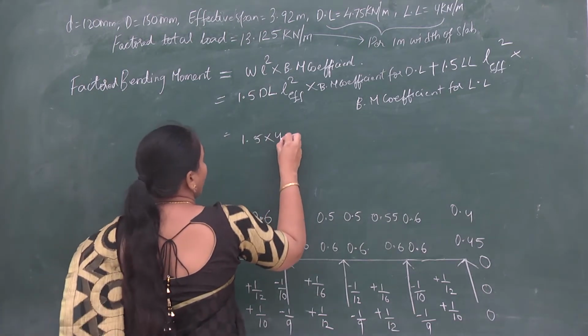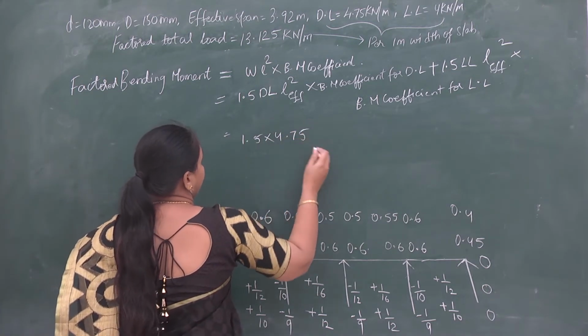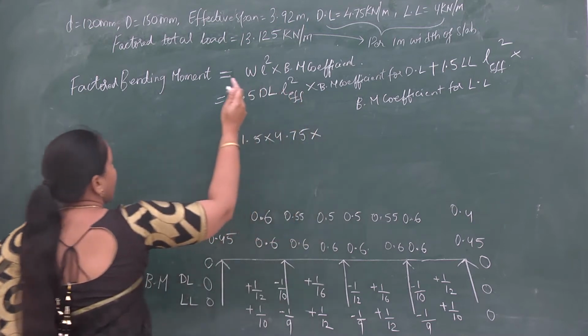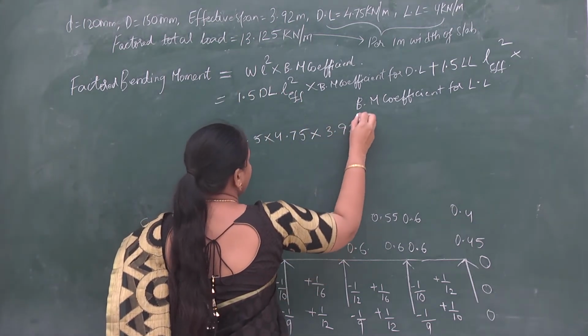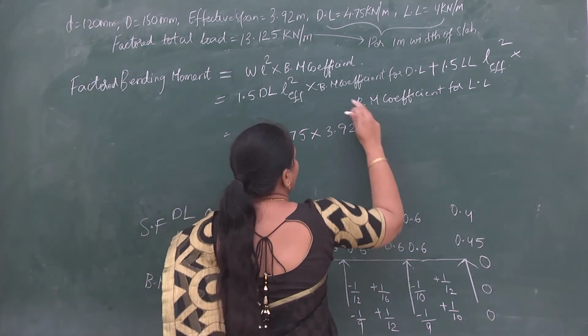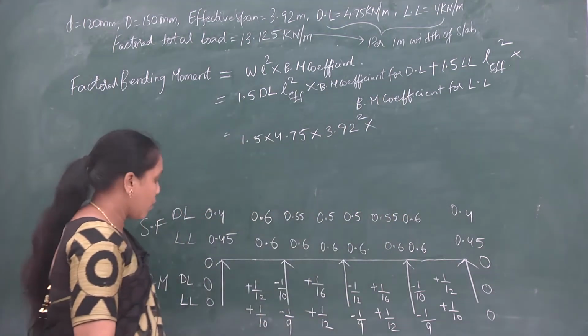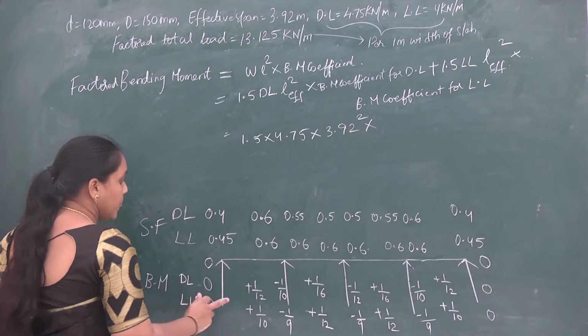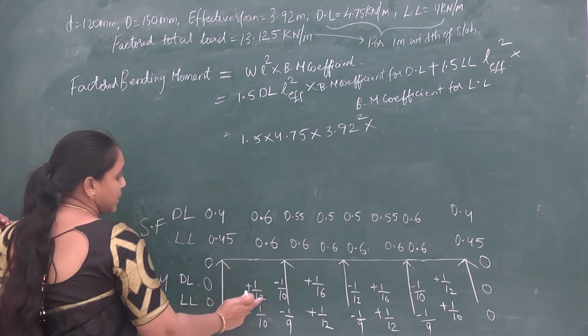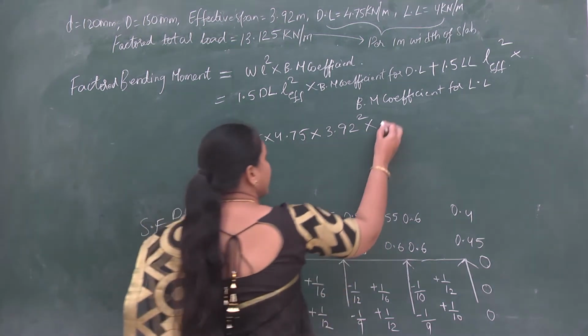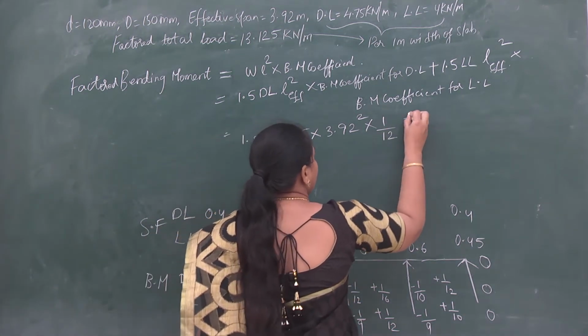What is the dead load? It is 4.75, into L effective, nothing but the effective span, which is 3.92 whole square, into the bending moment coefficient for dead load. What is the bending moment coefficient? Here it is at the center. It is plus 1 by 12.